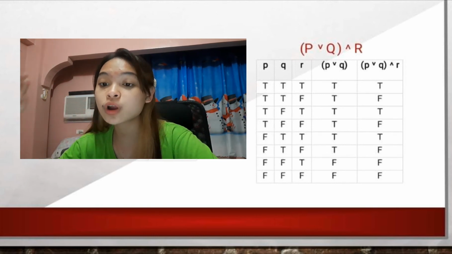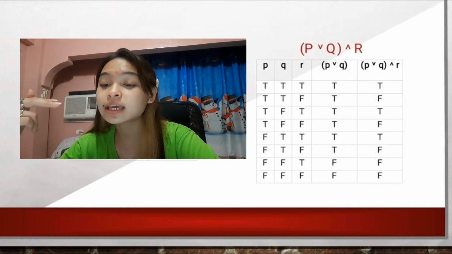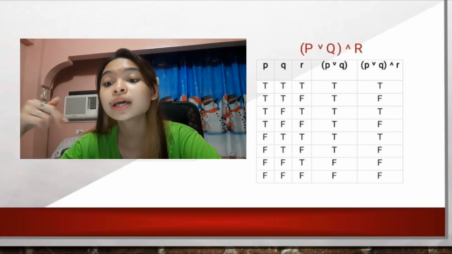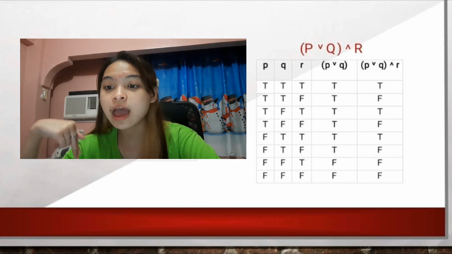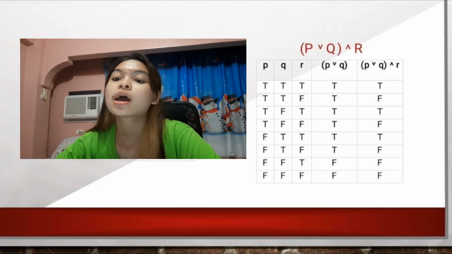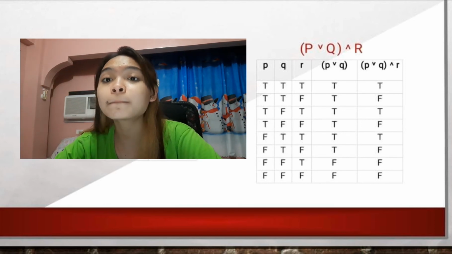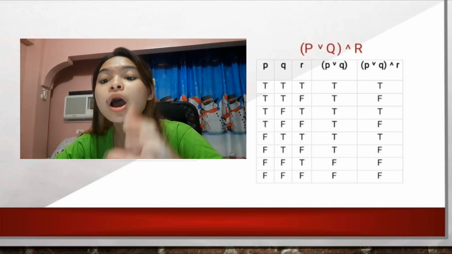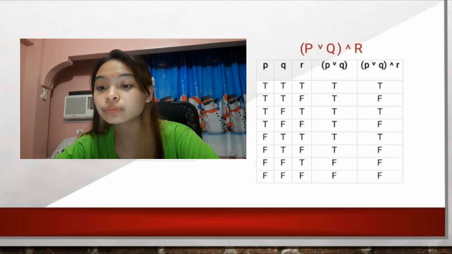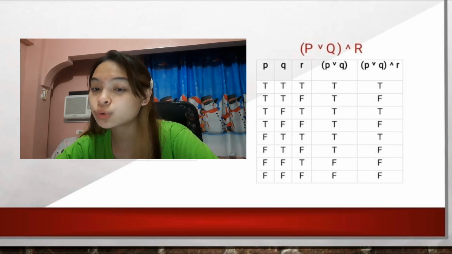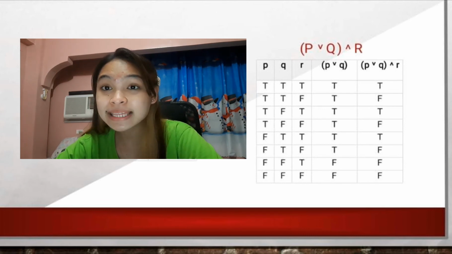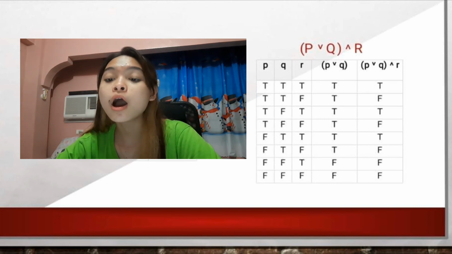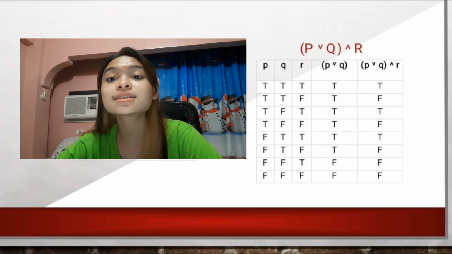The next for R, you'll divide again it into 2. So TF, TF, TF, TF. The next is you'll find the P or Q. So because we have the references of P and Q. So P or Q. So or means at least any of the truth table must be true.